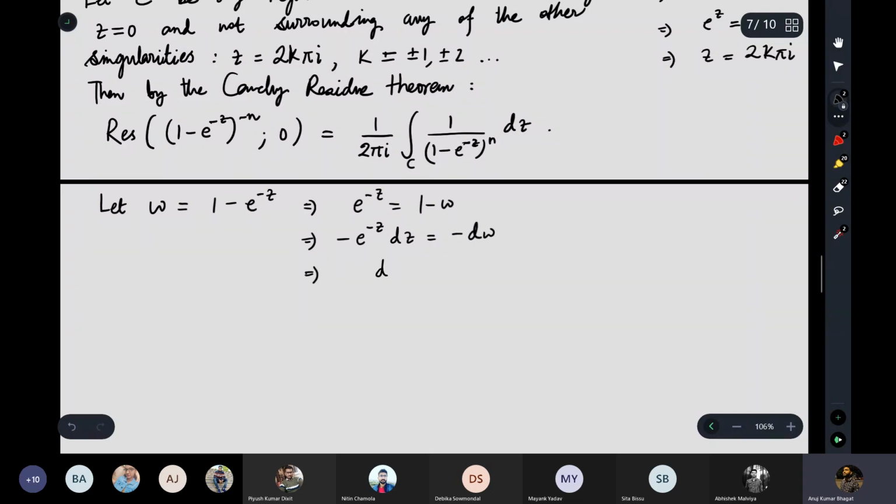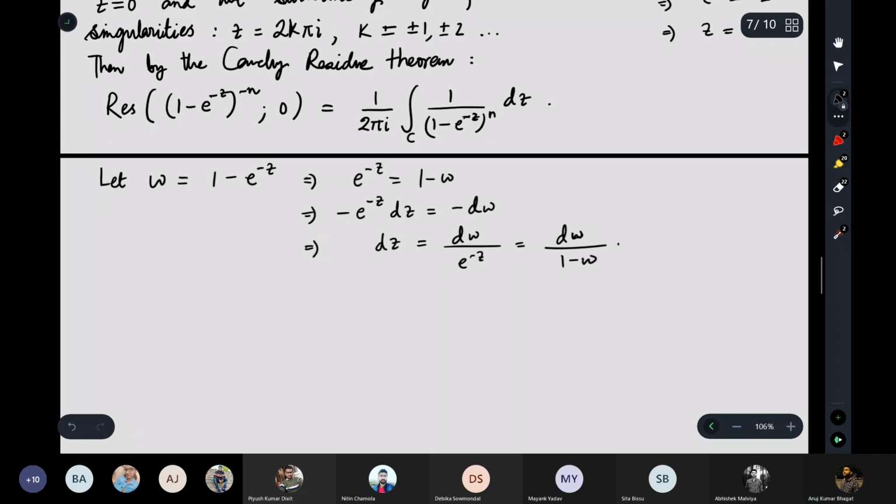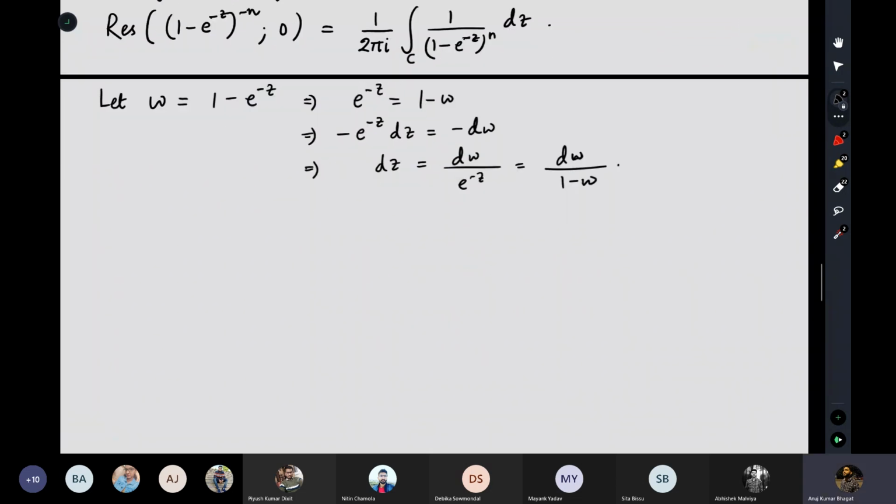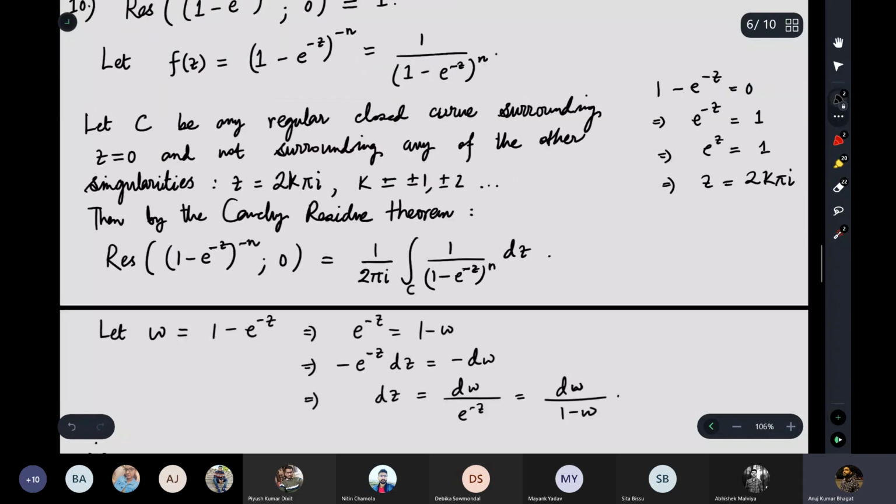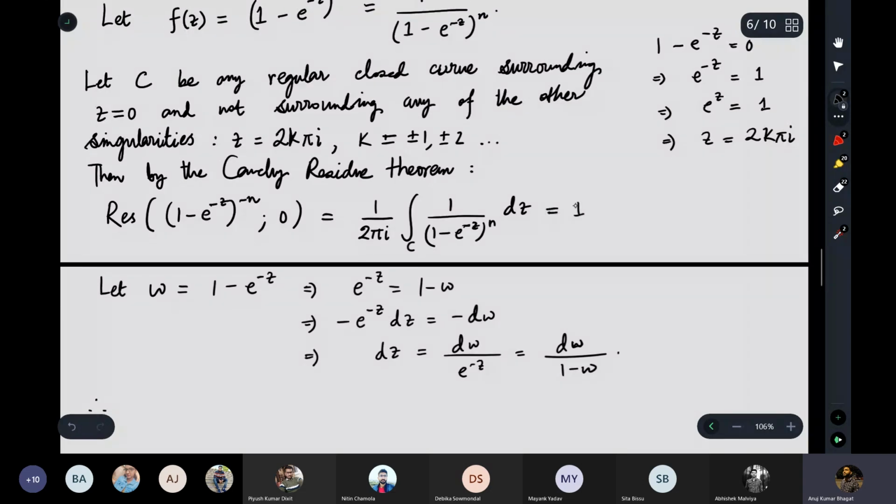So dz is nothing but d omega by e to the power minus z. E to the power minus z is nothing but 1 minus omega, right?